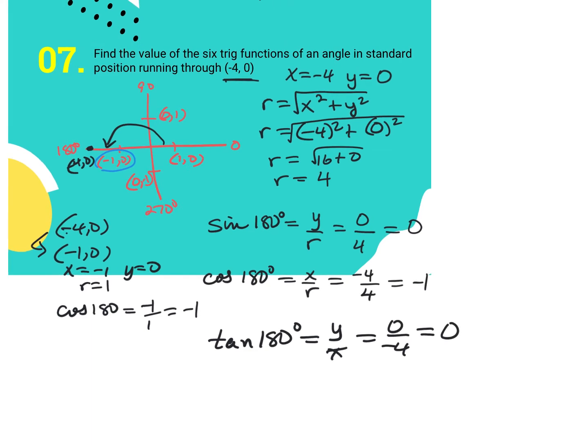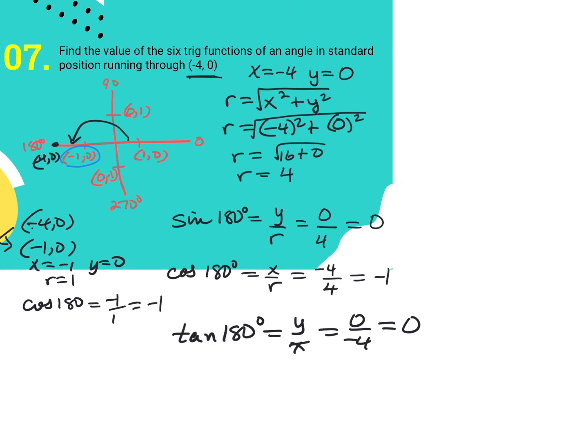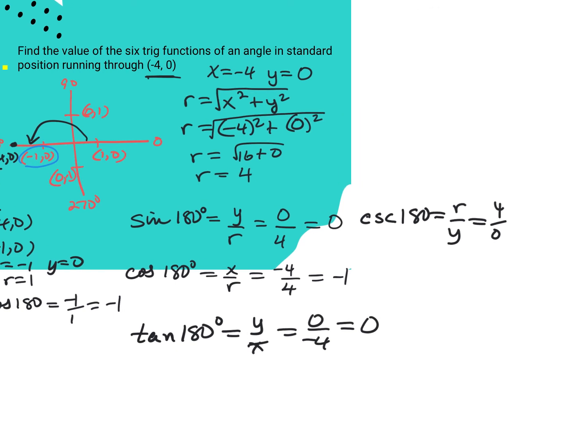And now I can do all the reciprocals. The reciprocal of sine is cosecant. Flip it, and now this becomes 4 over 0, and this is undefined. Over here, the reciprocal of cosine is secant. Flip it, and it's 4 over -4, which is -1.